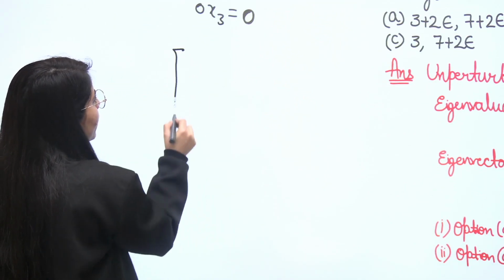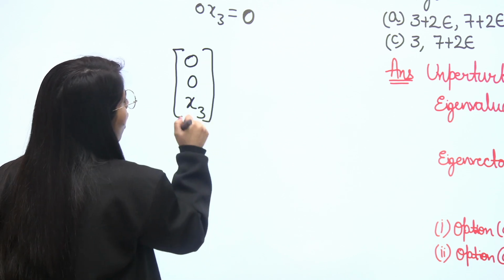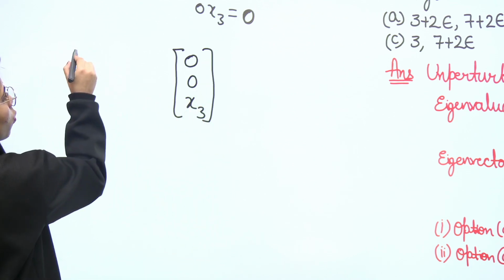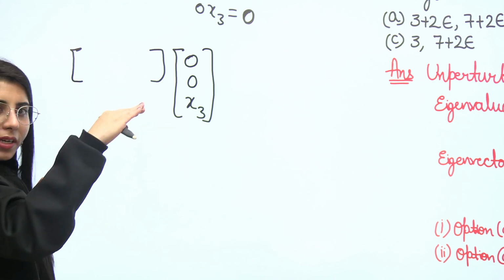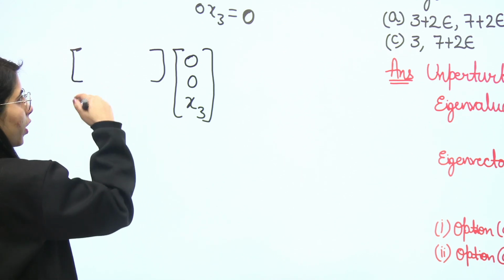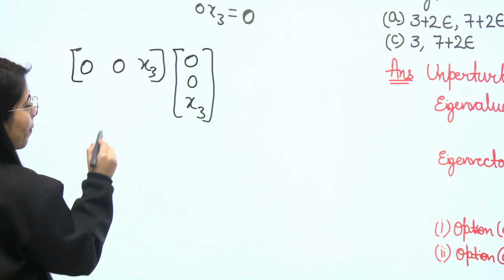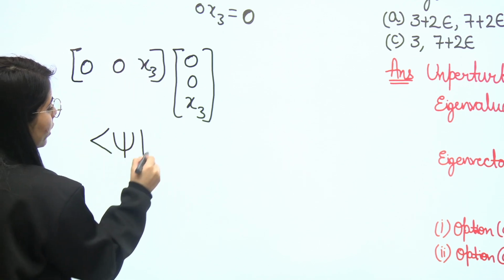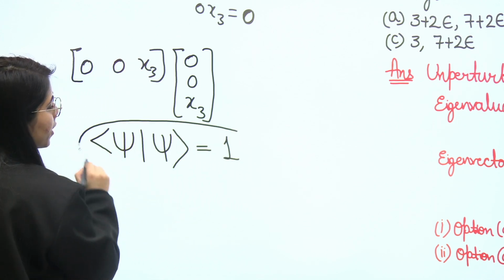Let's say I have taken 0, 0, x3. I don't know what the x3 value is. So I will multiply it with its row matrix, which means 0, 0, x3. You may be familiar with this concept of quantum mechanics. To check the normalization condition, this condition should be satisfied.